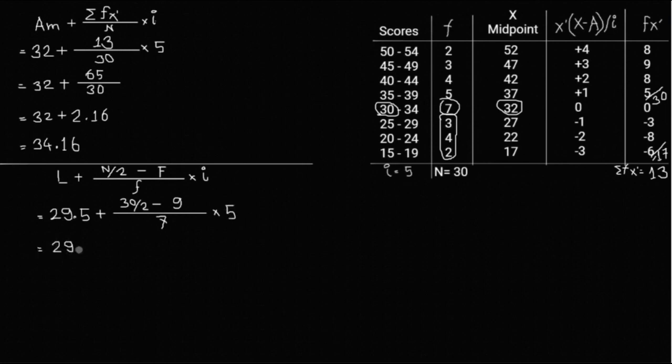So 29.5 plus (30 divided by 2 is 15) 15 minus 9 by 7 into 5.